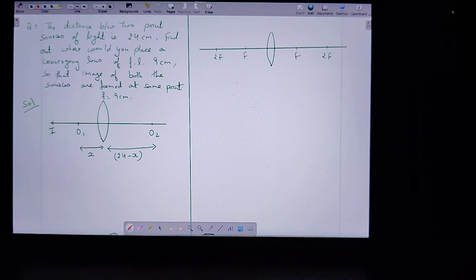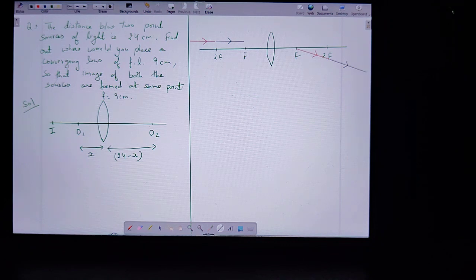So we know that when the object will move from infinity towards 2f, image will move from f to 2f in this direction. Right. Then when object moves from, say, 2f to f, the image moves from 2f to plus infinity, like this. So as the object is approaching the lens, image is moving away from the lens.